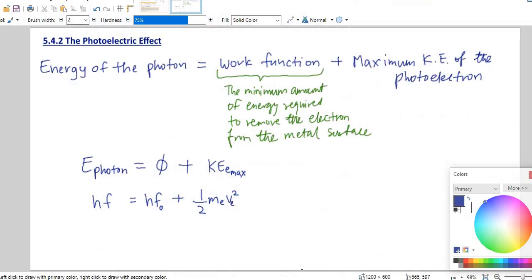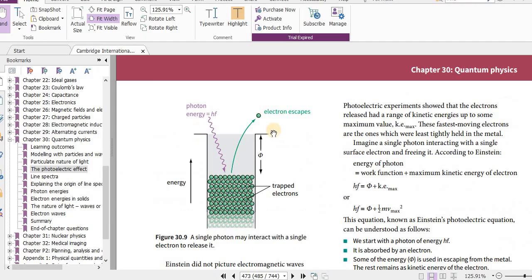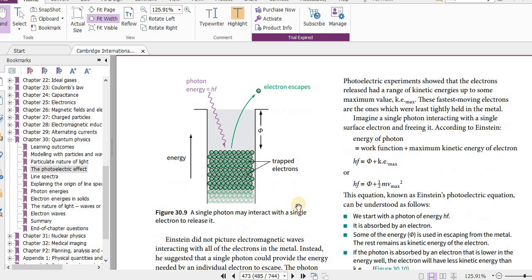So let's go back to what we were learning. And here there is another diagram in this other book. You see, energy of the photon is absorbed, and then part of that energy is the work function. It is used to remove the electron from the surface. Then the remaining amount of energy becomes the kinetic energy of that electron which escapes, which we call a photoelectron.